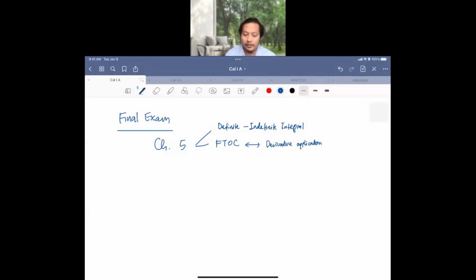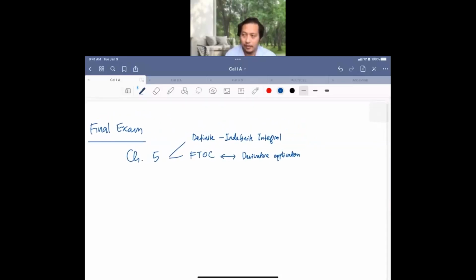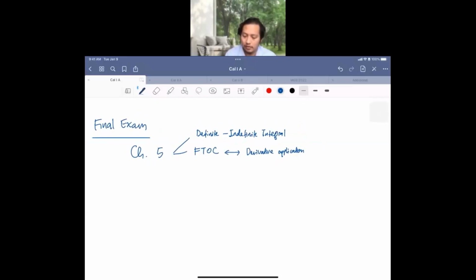For example, you still have how to read a graph, because we will have the functions probably in a way that we have in integrations.